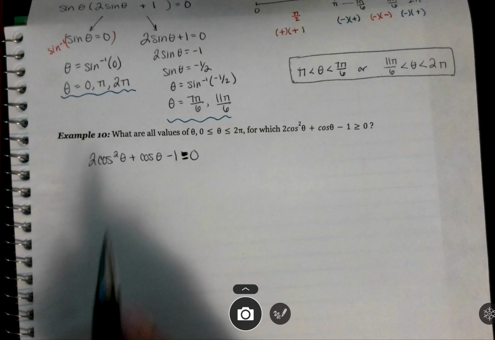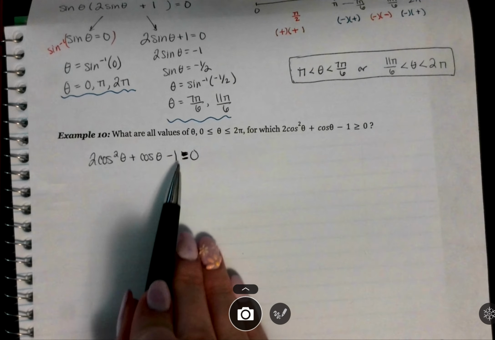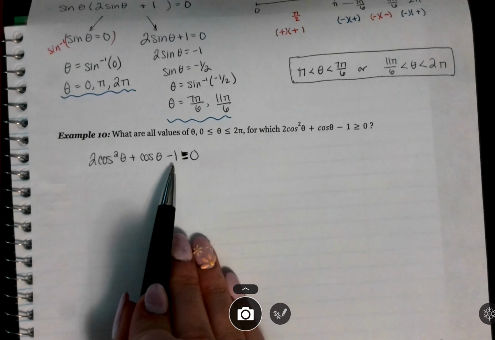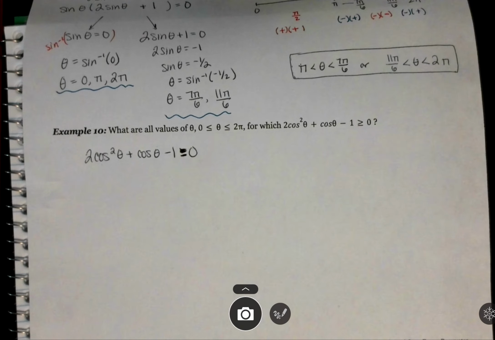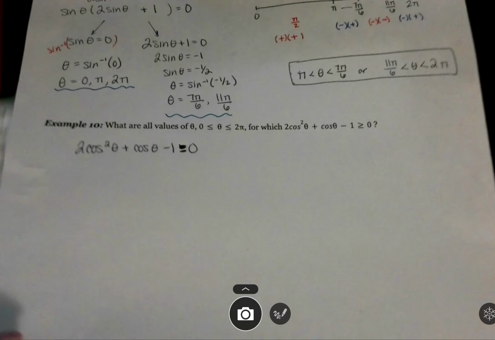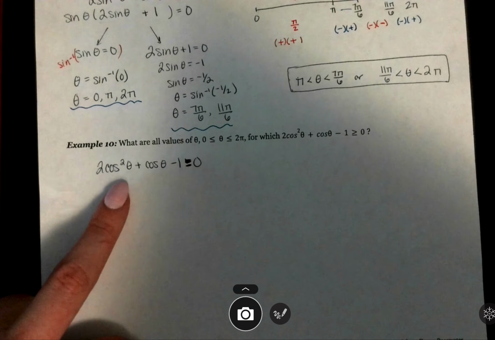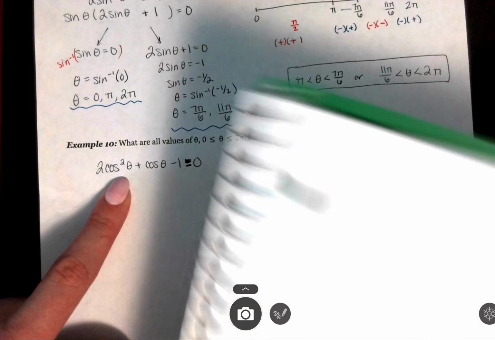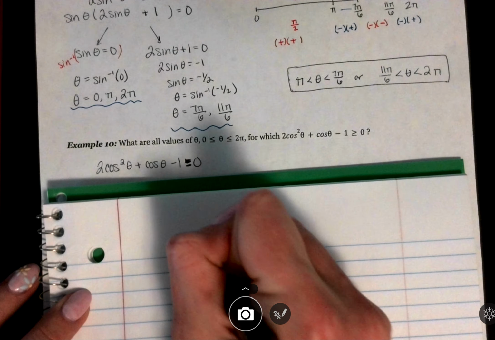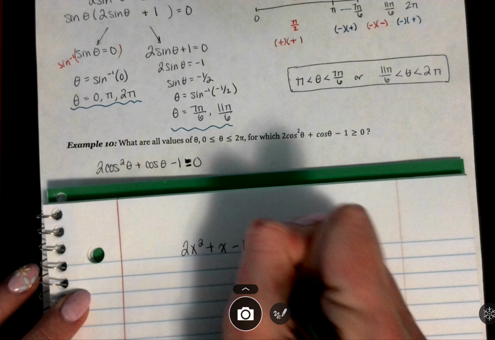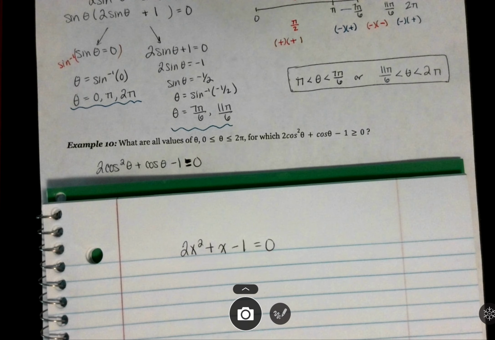This one's a little bit trickier because I can't factor out a cosine, because this third term does not have a cosine of theta. So what I'm going to do instead is get out some scrap paper and pretend like cosine of theta is just x. So I'm going to say 2x squared plus x minus 1 equals 0, and I want to factor this.